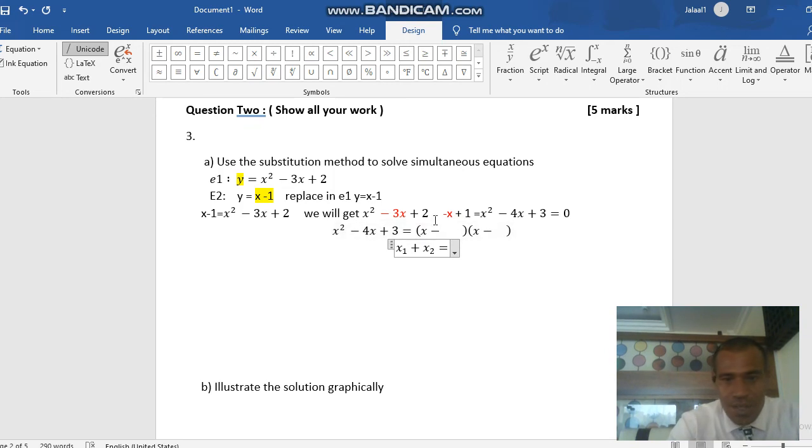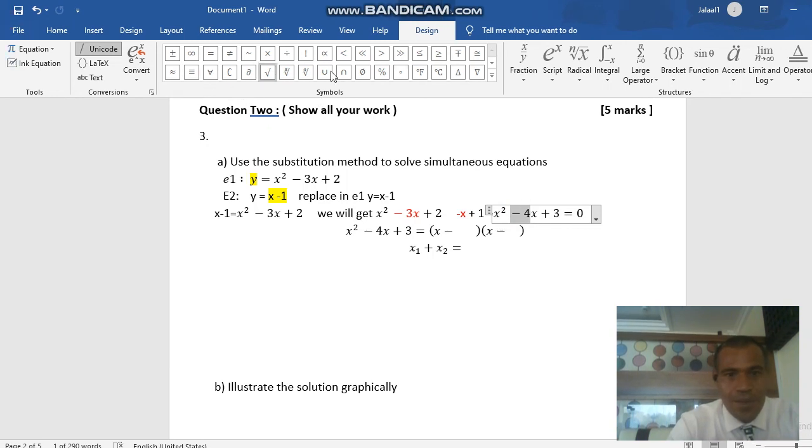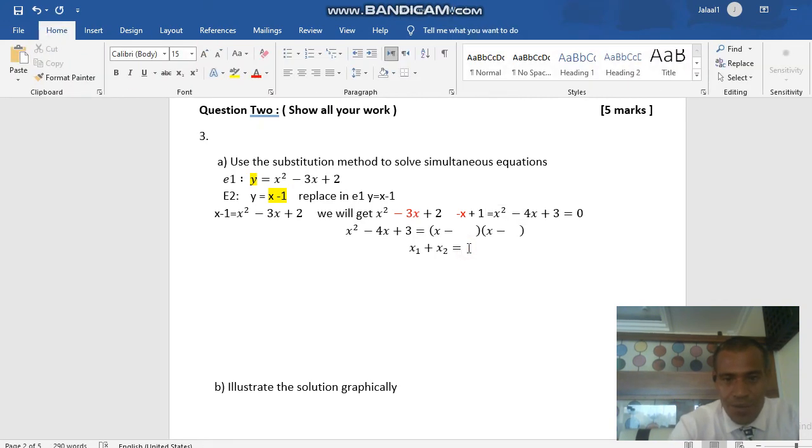You should reverse this sign, my learners. This is negative 4, so make it positive 4. Clear?